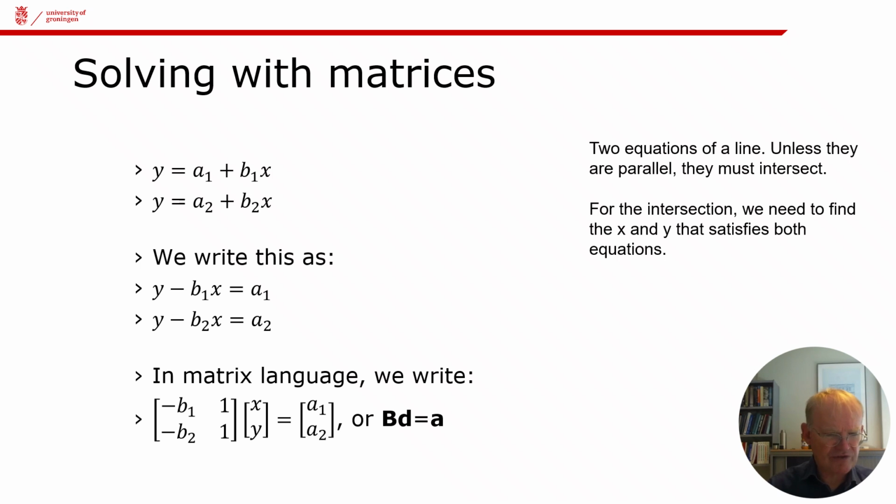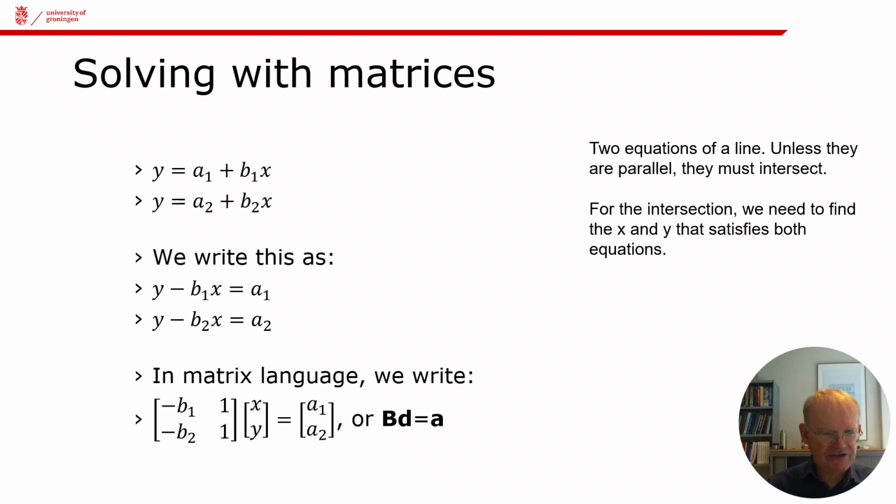So I start with a matrix of minus b1, 1, minus b2, 1, as the square matrix essentially here. Then we get a column vector x, y equals a1, a2. So this thing at the bottom is the same thing as in the middle and at the top. It's just a rewriting.